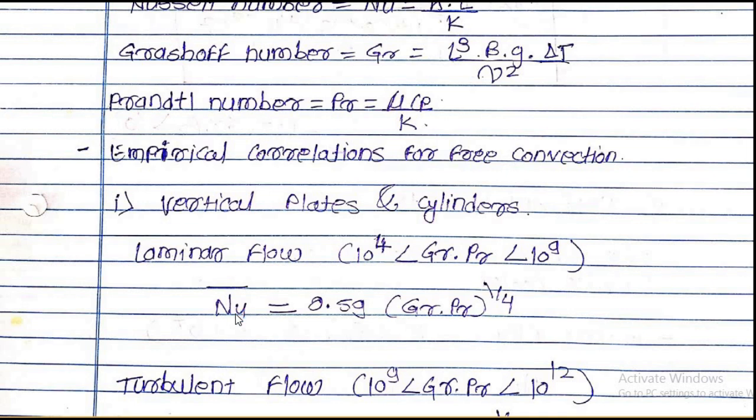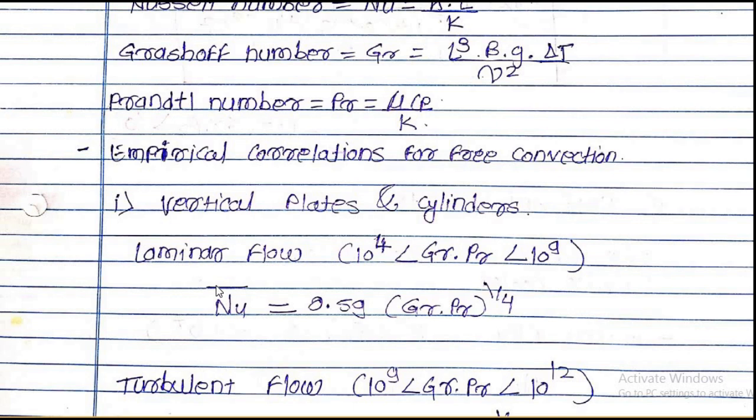So in a general format, Nusselt number is equal to C multiplied by Gr raised to a multiplied by Pr raised to b, where C, a and b are constants.